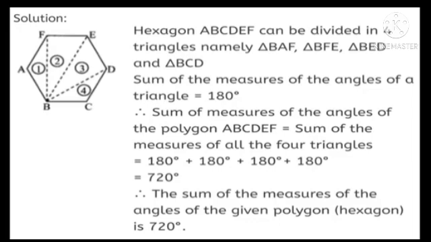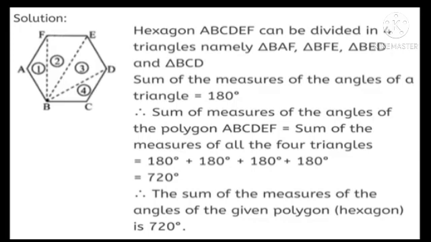Therefore, the sum of the measures of the angles of the polygon ABCDEF is equal to the sum of the measures of all the 4 triangles. So, it is equal to 180 plus 180 plus 180 plus 180, which is equal to 720 degrees. Therefore, we can say that the sum of the measures of the angles of the given hexagon is 720 degrees.